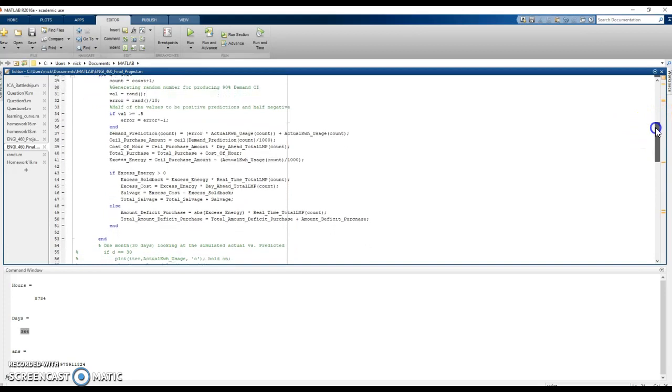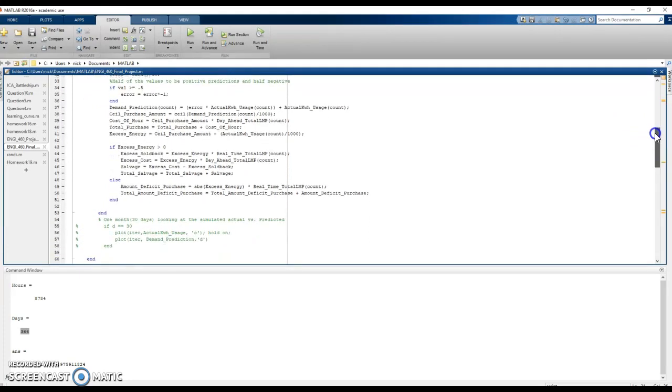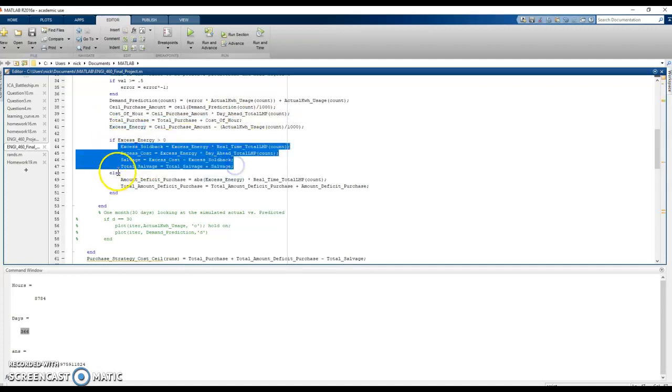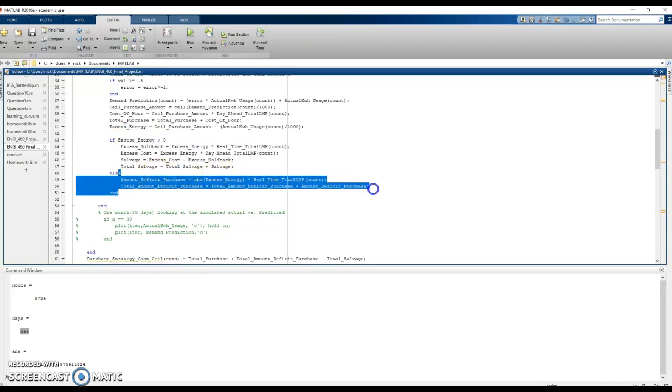And then we are looking at energy. If there's energy greater than 0, then we are salvaging, or we are producing.